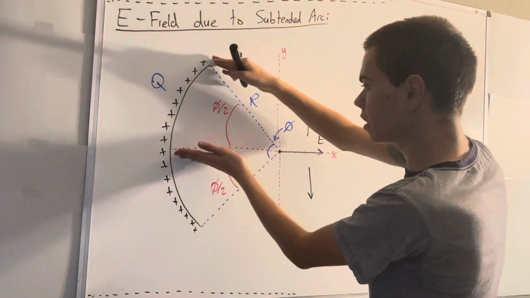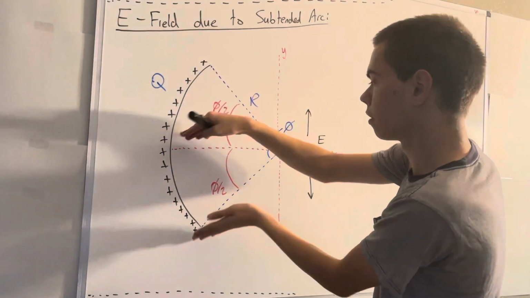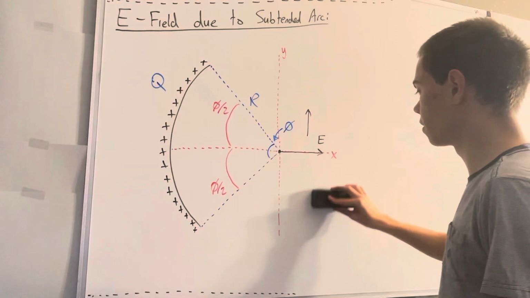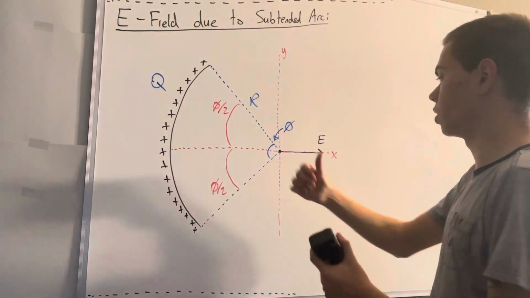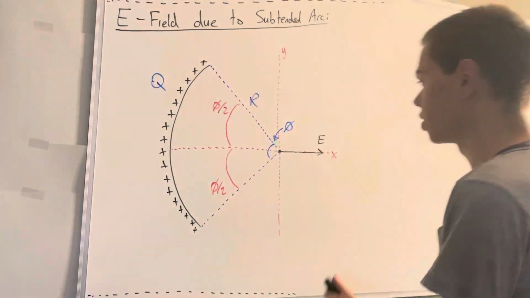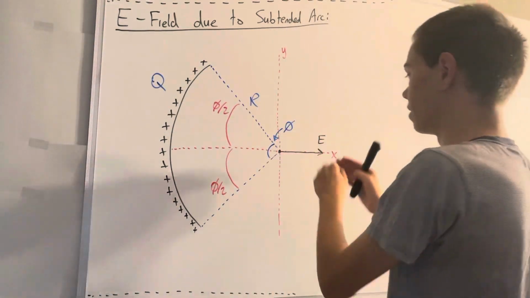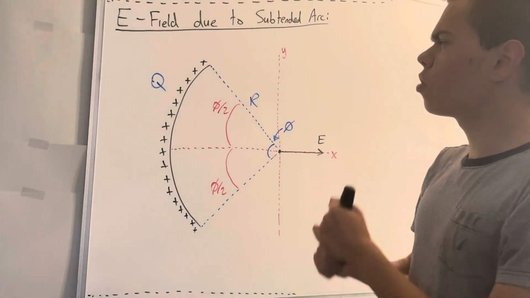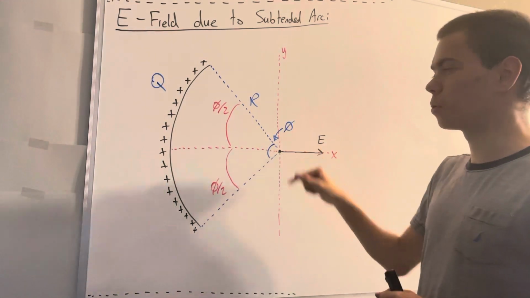Since these are the same, the vertical components cancel out, and we're left with the electric field only going in the x direction. That's why we made the x and y axis the way we did. So the electric field will only point to the right. How do we actually figure out what the electric field at this point is?